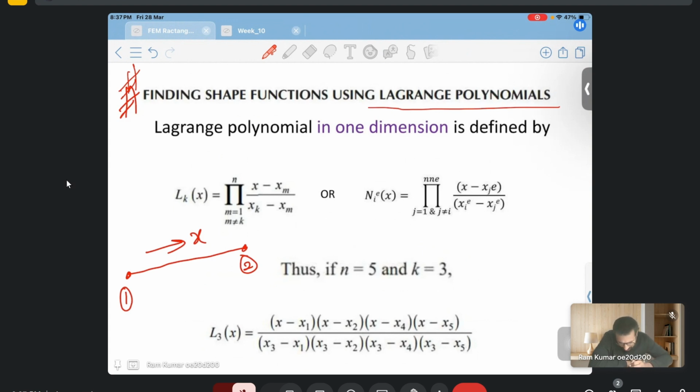And I want to find the shape function for node 1. So this is the N1 shape function, this is N2. Some other people call them psi shape functions, psi 1, psi 2. Okay.